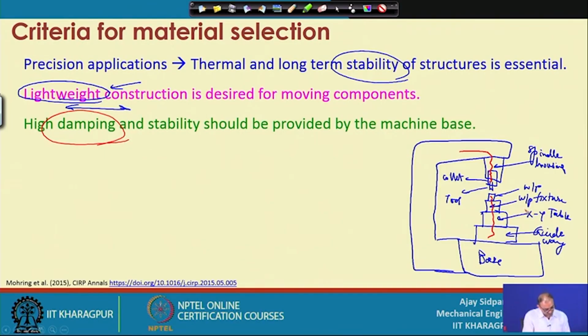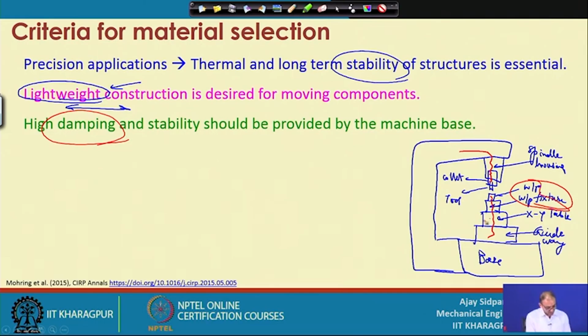So, now the workpiece fixture is an external part, because this will be frequently changed depending on the selection of the workpiece. XY table and guideway, these are fixed, these are the machine components. So, when you decide some material for the XY table and the guideway, then you have to think about the damping property, because whatever forces occur at this location, it will propagate from workpiece to the workpiece fixture, and then it will go to the XY table.